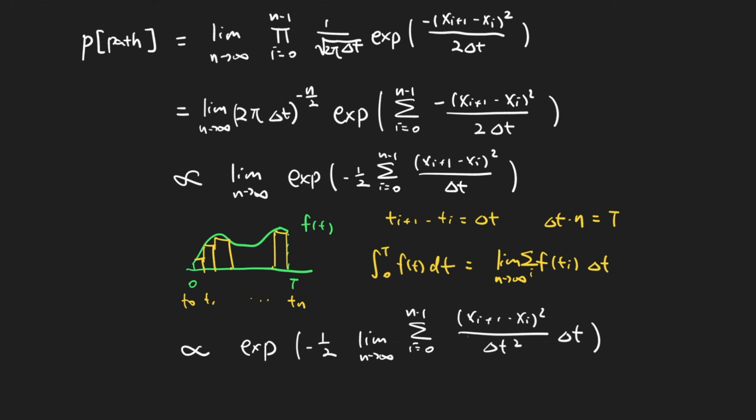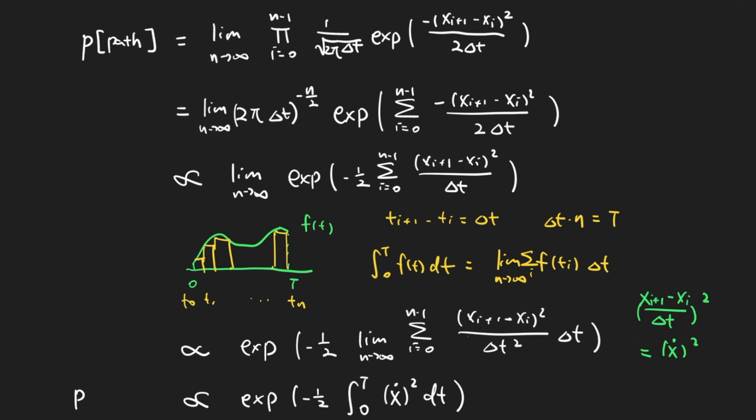Now we can convert this into an integral. And here, if you look at this integrand with the term (x_{i+1} minus x_i) over delta t, it looks like a derivative. We can denote this as x dot. So the integrand will just be x dot squared. Then we have the integral from 0 to T of x dot squared dt.